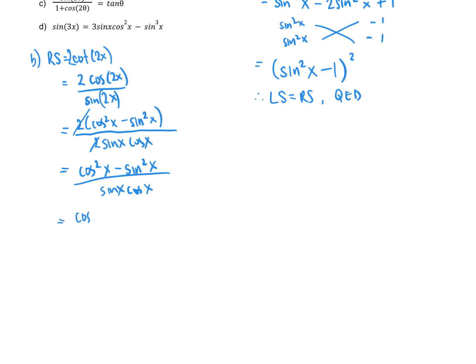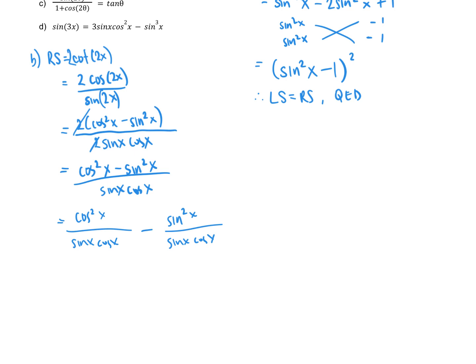So that's going to be cos squared x over sine x cos x minus sine squared x over sine x cos x. Because normally you would just simplify this into cos squared x minus sine squared x over that common denominator. But now when I see it like this, I can simplify those two terms.